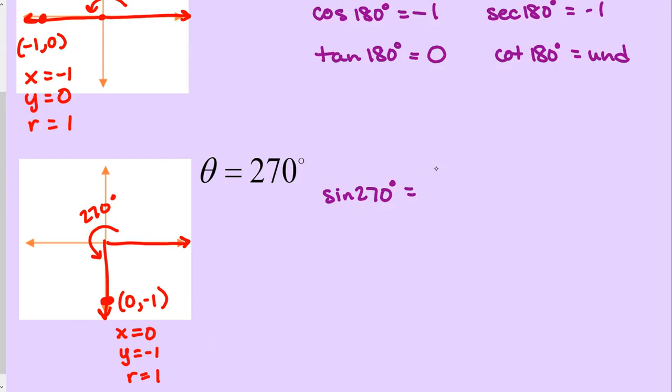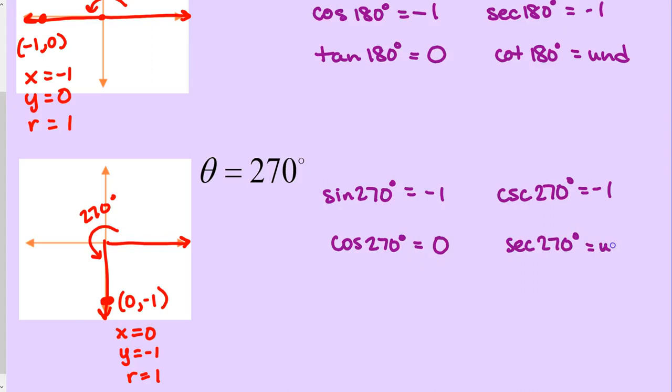Negative 1 over 1 is negative 1. The cosecant of 270, the reciprocal, would be negative 1. The cosine of 270 degrees is x over r, 0 over 1 is 0, and the reciprocal of that, secant of 270 degrees, is undefined. Tangent of 270 degrees, y over x, negative 1 over 0 is undefined. And cotangent of 270 degrees, the reciprocal of that is 0.